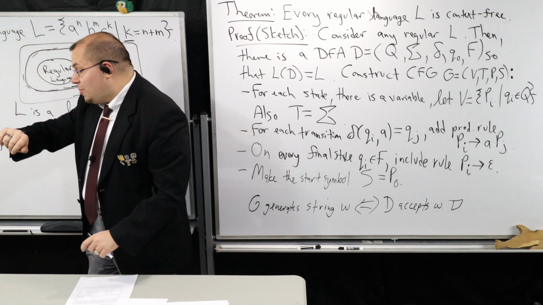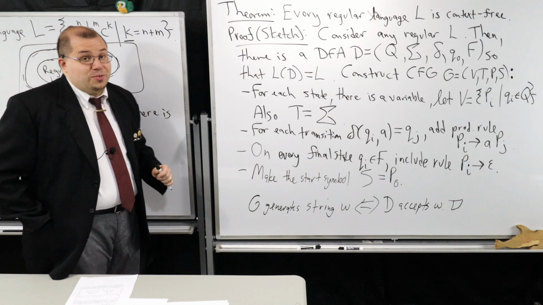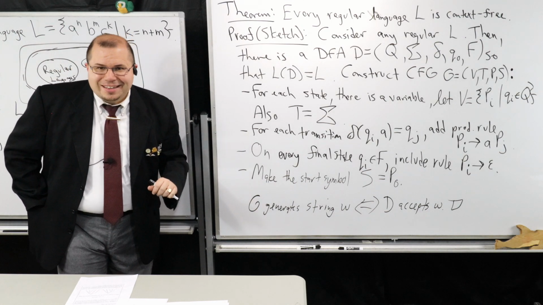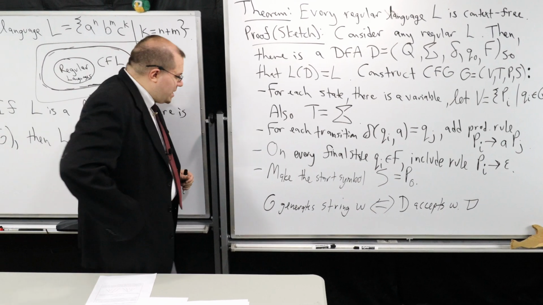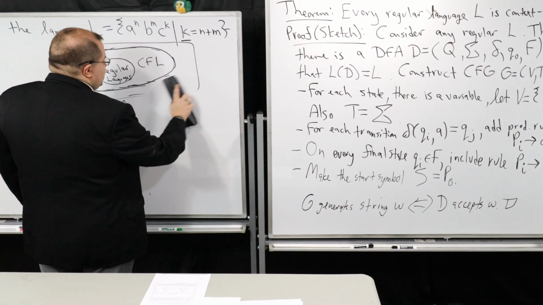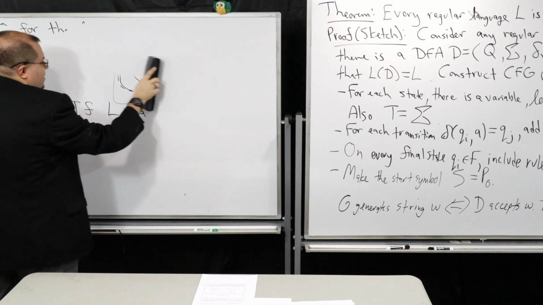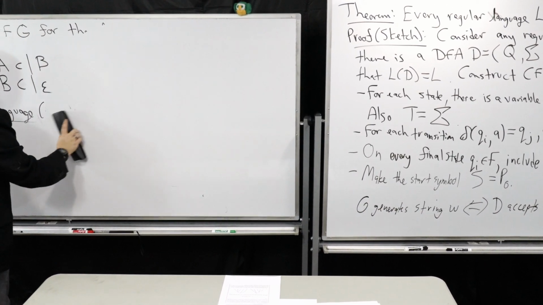Now, I want to address one issue that's rather interesting about context-free grammars that we have not encountered up to this point. So let me boot on over here, and I want to address a problem that we run into. It's a problem of ambiguity.